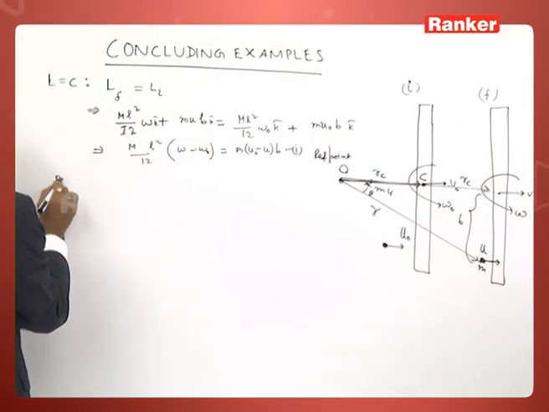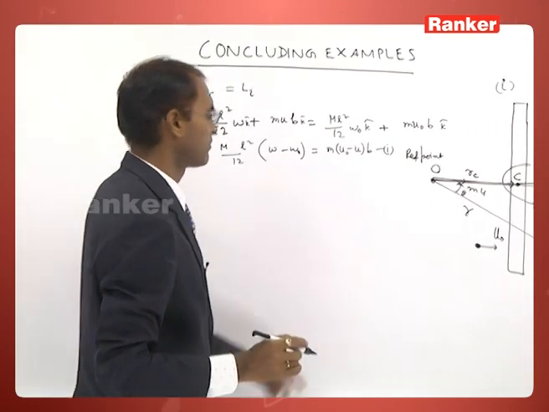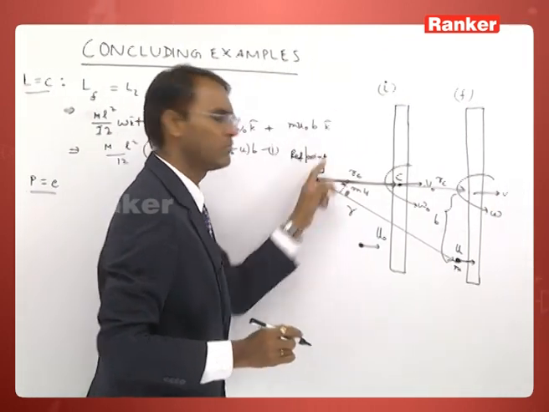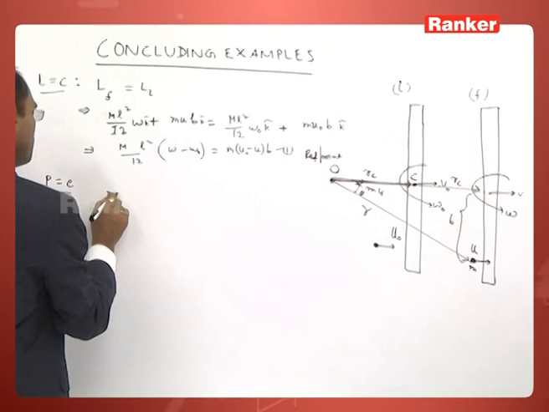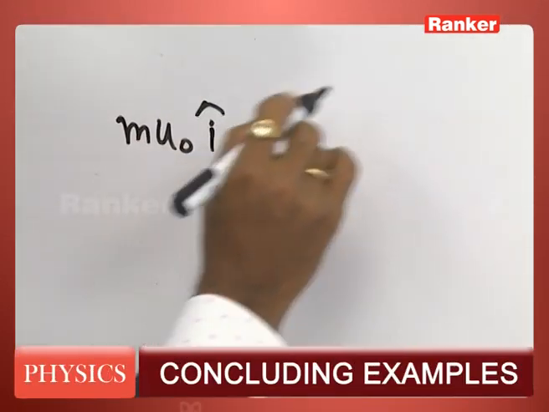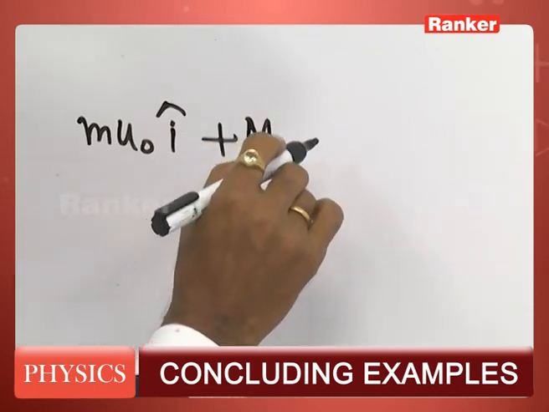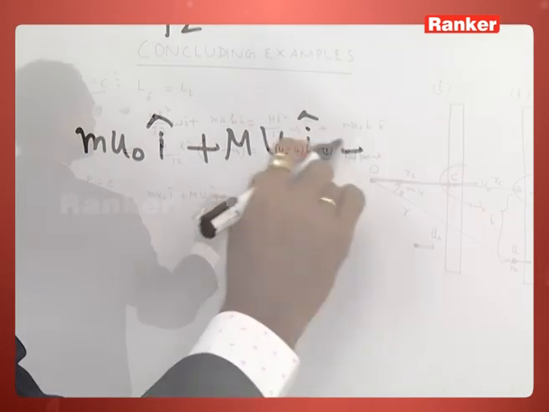Next concept is the conservation of linear momentum of the system, rod plus particle. The particle's linear momentum is m u naught in the positive x direction. The rod's initial linear momentum is M v naught along positive x direction.